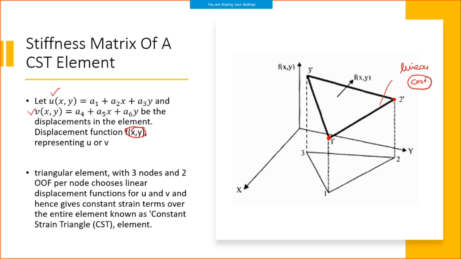This is the reason it represents a constant strain triangle, and it helps us know how much strain there is in each and every element. So this is basically a fundamental property requirement whenever we define a polynomial for elements in 2D or 3D.